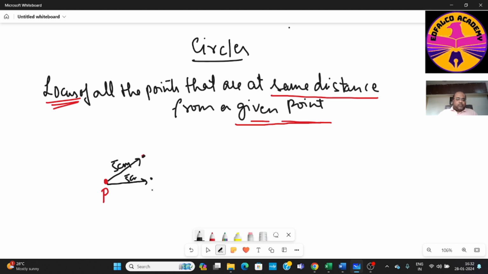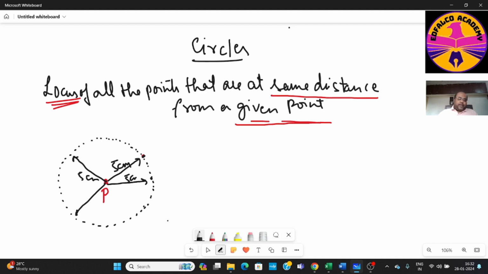So all such points that are sitting at a distance of 5 centimeter from the given point P, as you can see the dots that I have made. Any point I take will be at a distance of 5 centimeter from that center point.